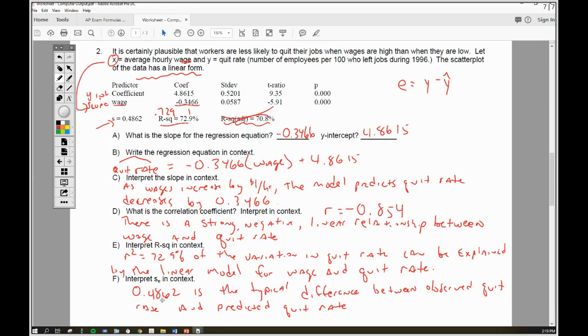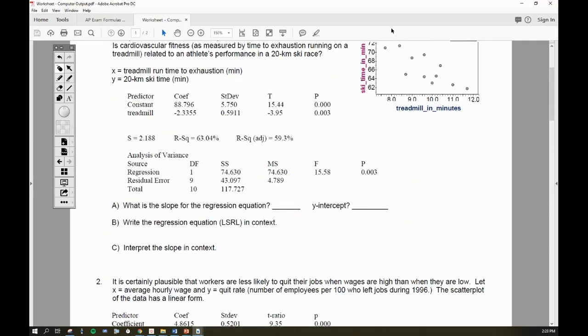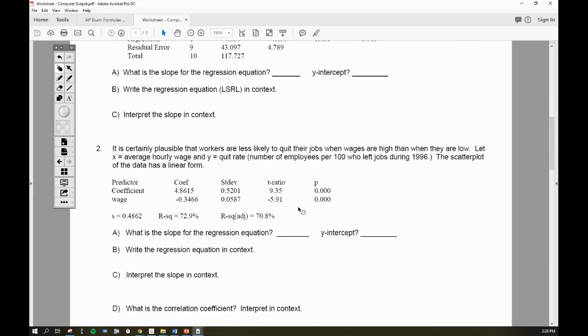So we think we're going to vary by that much typically between where our points are and where our line is. So we have an idea generally of what the space looks like between the points and the line that goes through it. And typically that's varying by 0.4862.